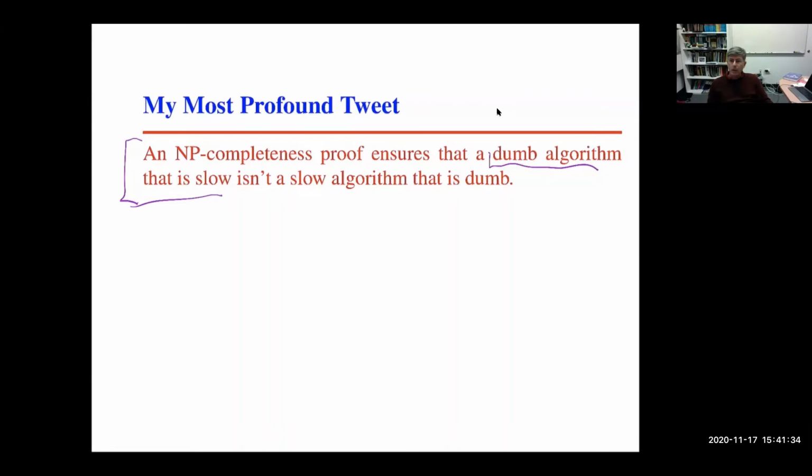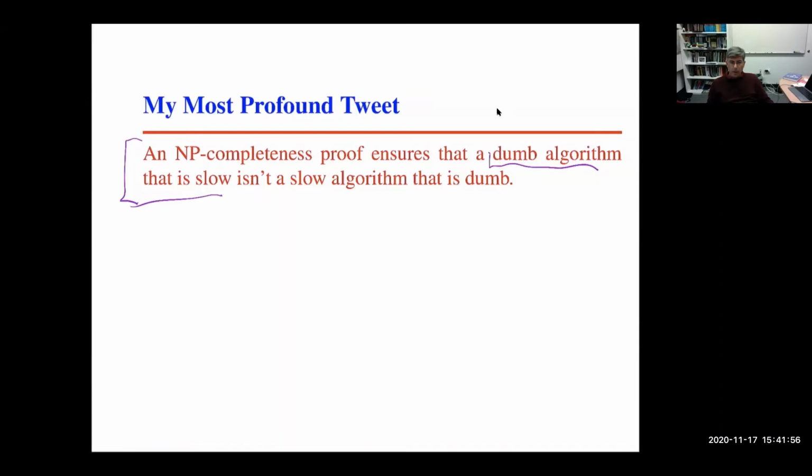Isn't that right? If you have a slow algorithm for bandwidth, and you can't find a fast algorithm for it, all you have to settle for is backtracking. Is that a dumb algorithm? It's not a dumb algorithm unless there is a faster one.